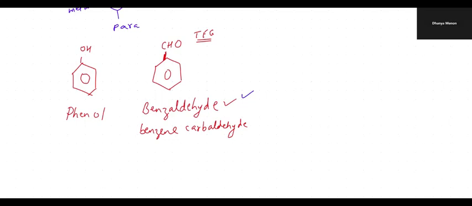Similarly, there's a benzene ring and C double bond O, CH3. Now, this is a ketone.